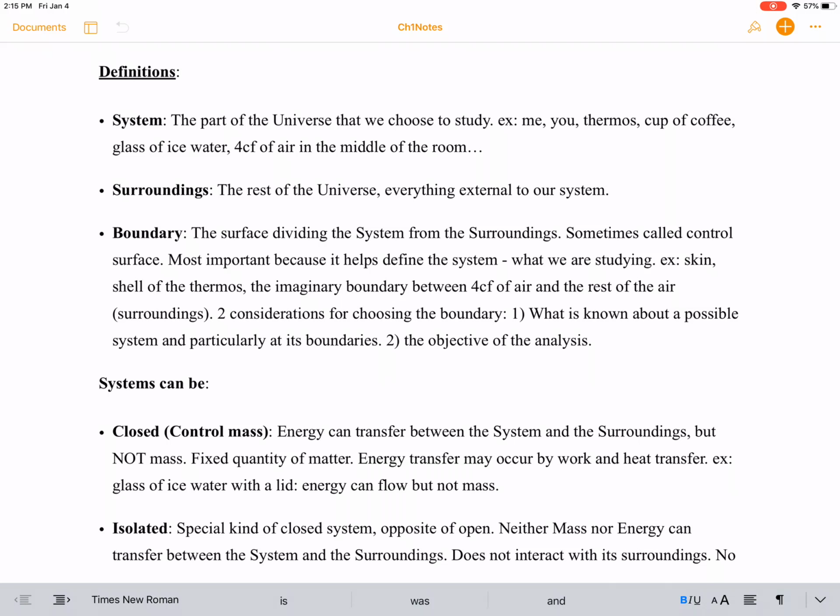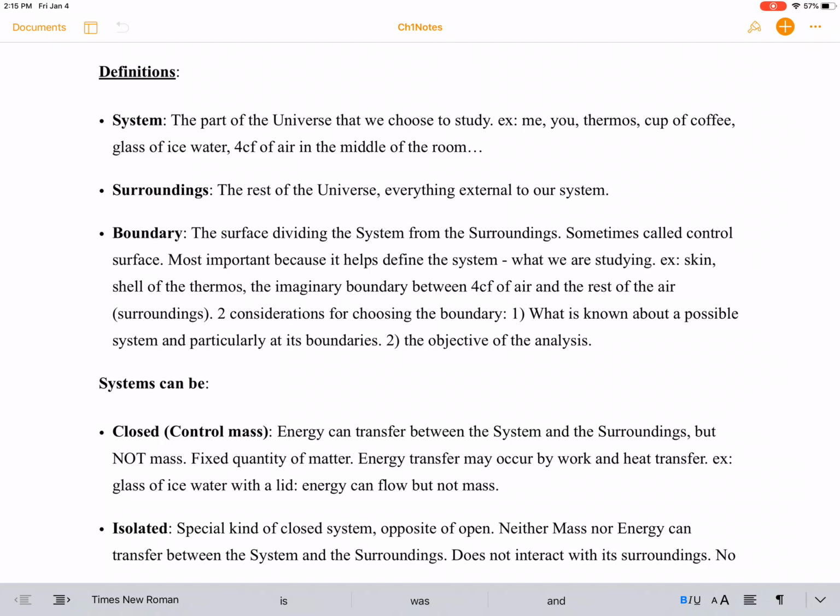It doesn't actually have to have a physical boundary. And we'll get to the definition of boundary in a second, but what we're talking about in the system is whatever we're studying. It could be a single element of a system, or it could be a whole power plant, for instance. The surroundings are whatever is external to the system.